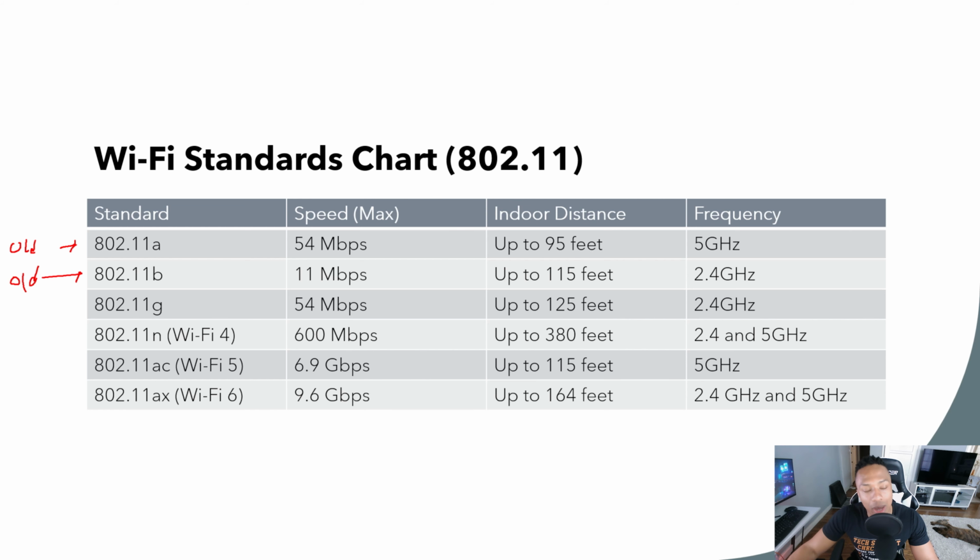Now, you're probably wondering why they came up with 802.11b. It looks a lot worse than A because it's slower. As you can see, it has higher distance. It uses 2.4 gigahertz. Remember, a couple of slides ago, I said that higher frequencies have issues.